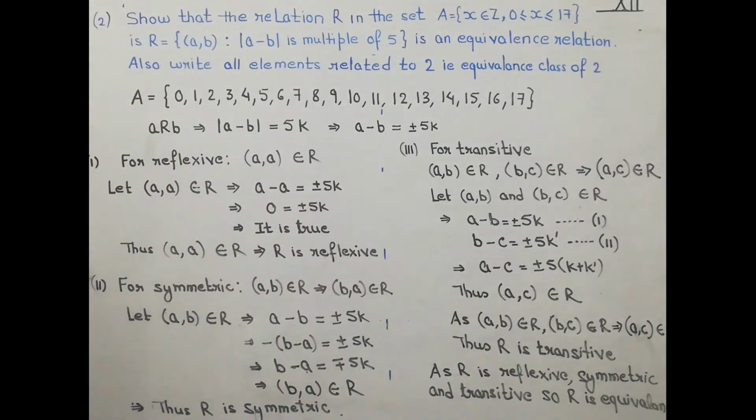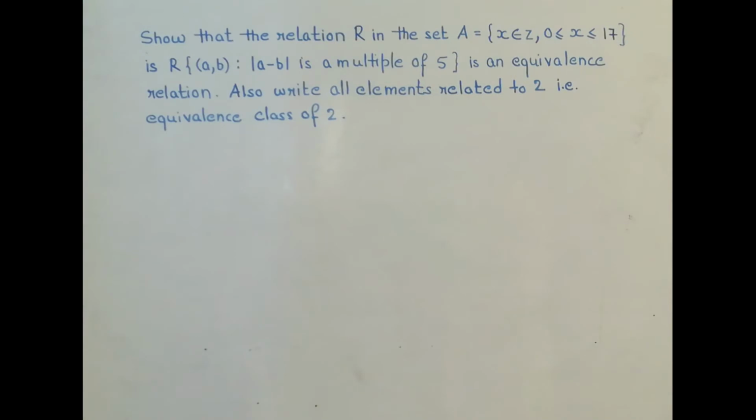So we are getting R is an equivalence relation. Now in the second part, in this question they have asked us to find all the elements related to 2. That means we have to find the equivalence class of 2.